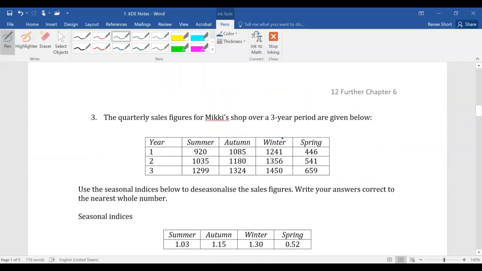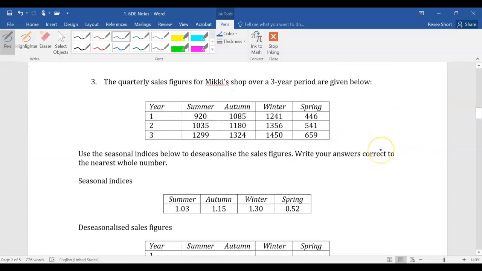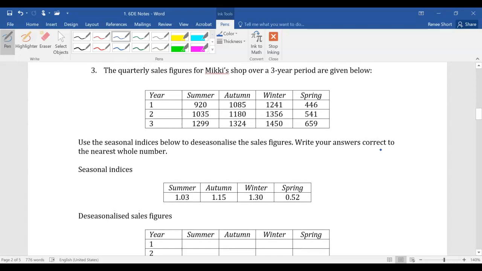Now, what we can do is deseasonalize things on a larger scale. What we have here are the quarterly sales figures for Mickey's shop over a 3-year period. On the left, we've got year 1, 2, 3, and then each quarter: summer, autumn, winter, spring.